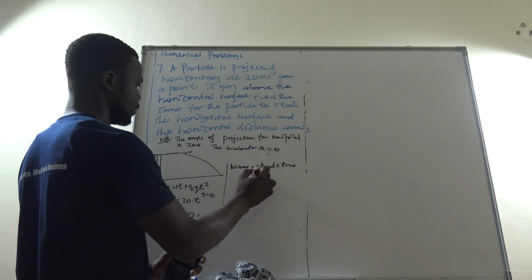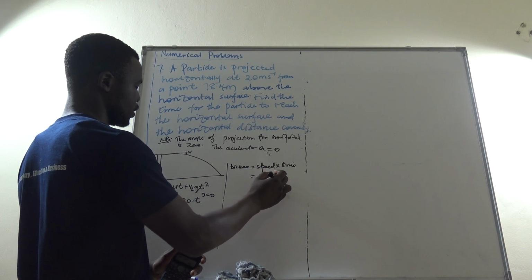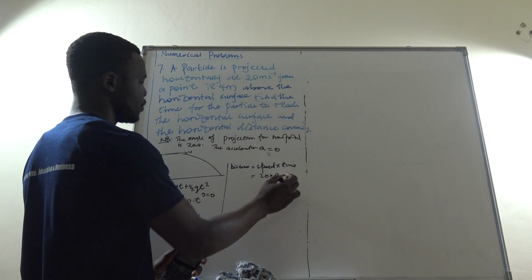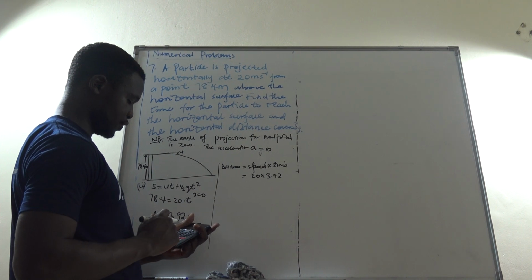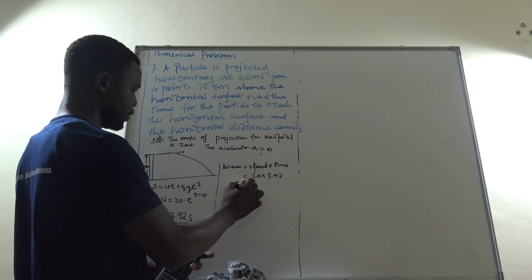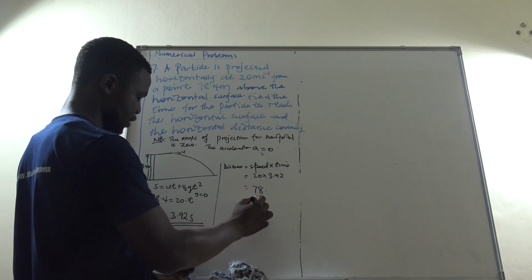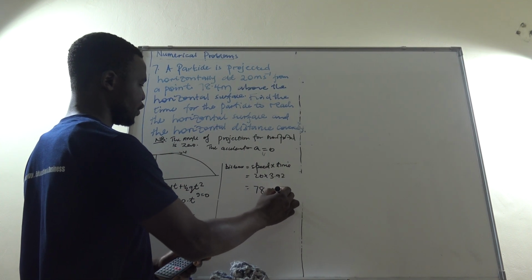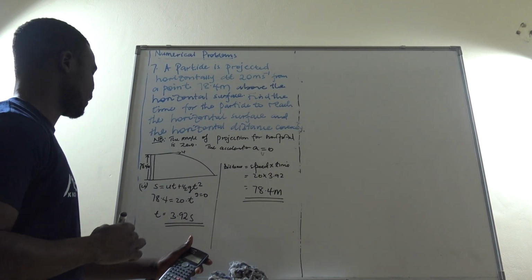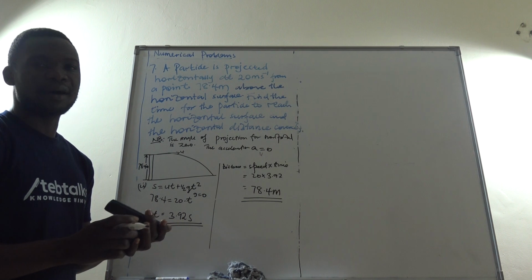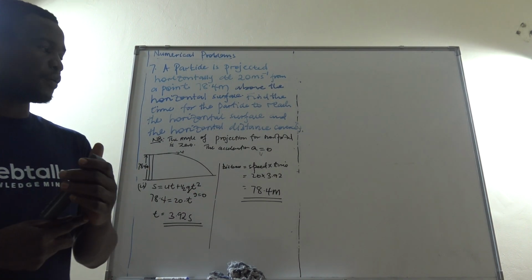So our horizontal distance here is going to be the speed of projection, which is 20, times the time, 3.92. So the horizontal distance covered is 78.4 meters. It is the same as the height above the ground from which this particle was projected.